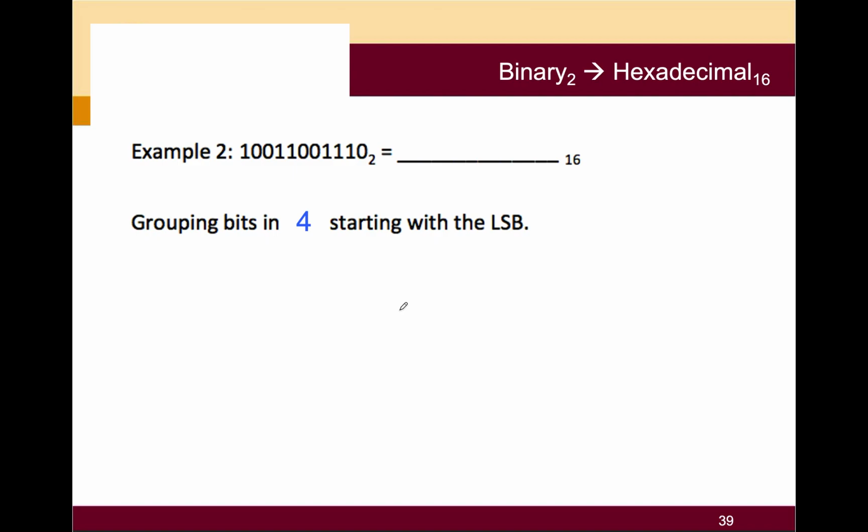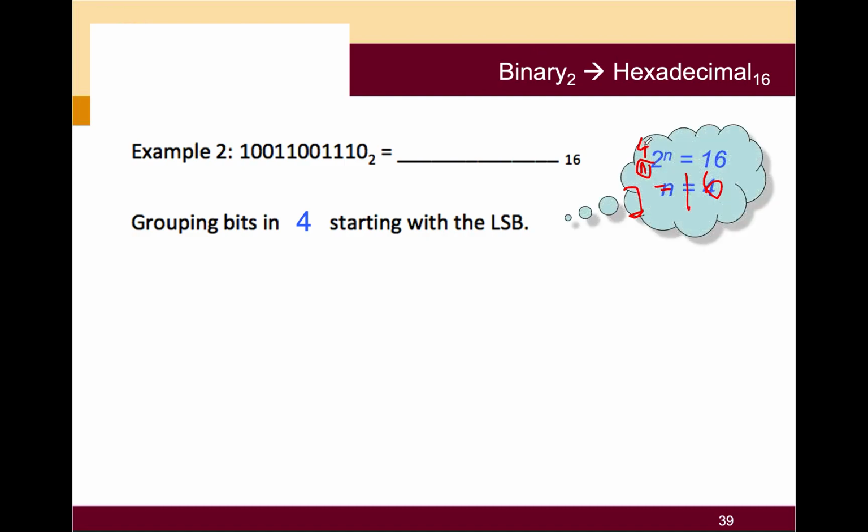Another one is binary to hexadecimal. You need to convert and group it into 4. Why? It's because 2 to the power of n equals 16. What is the value of n over here? This is 4.